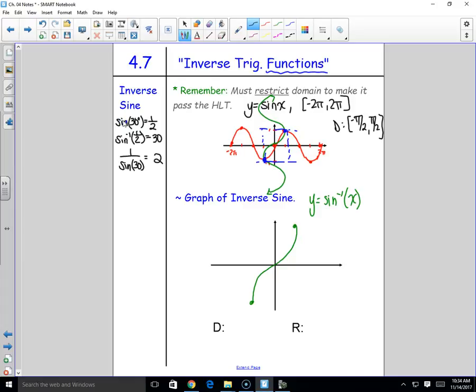And those restrictions are, well, if the domain of the original is negative pi over 2 to pi over 2, that's going to be the range of the inverse. The y's are going to go between negative pi over 2 and pi over 2. And the x's of the inverse will come from the range of the original, and the range is only going from negative 1 to 1.